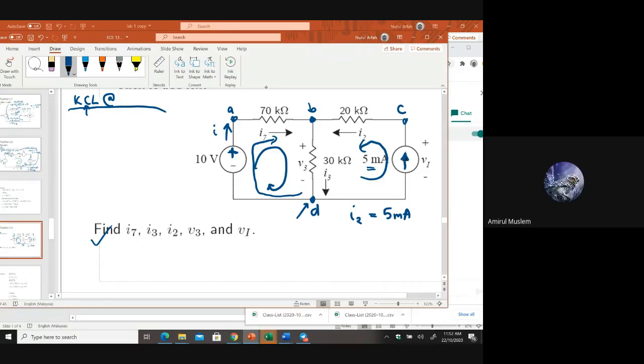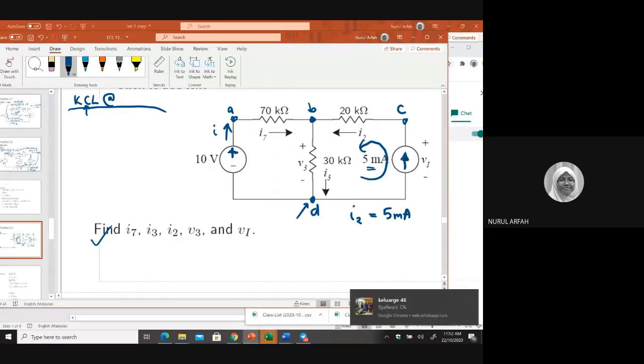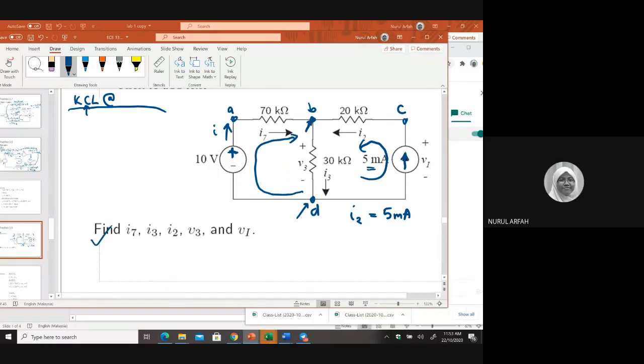No. Why not? This current flowing through here, stop at here. Is it the same as I7? Yes, because they are in series. This one is a series circuit.